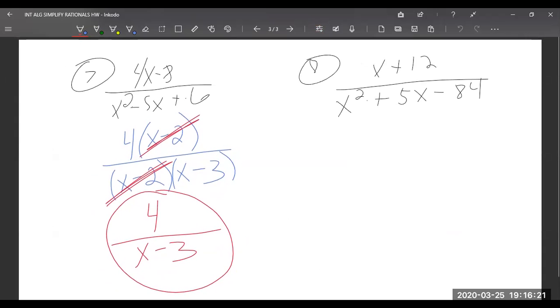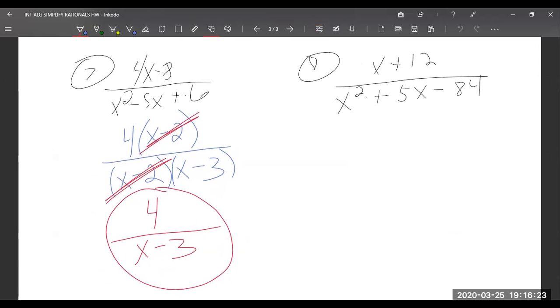Number 8. I can't factor anything out of the top. Just rewrite it. The bottom, though, I'm looking for the factors of 84 that subtract to give me 5. All right, 12 times 7 is 84. So that means 12 minus 7 gives me the 5.